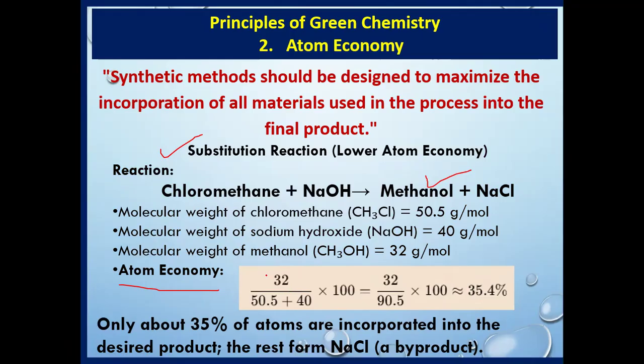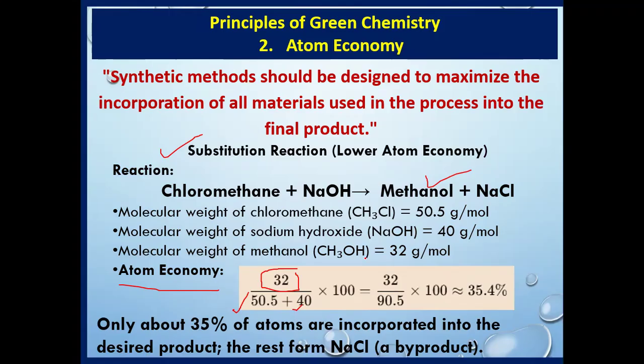So we are putting here the molar mass of methanol, that is 32. Reactants are chloromethane and NaOH. The molar mass of chloromethane is 50.5 gram per mole. We are putting it here, and the molar mass of NaOH is 40. So we are putting the 40 here.